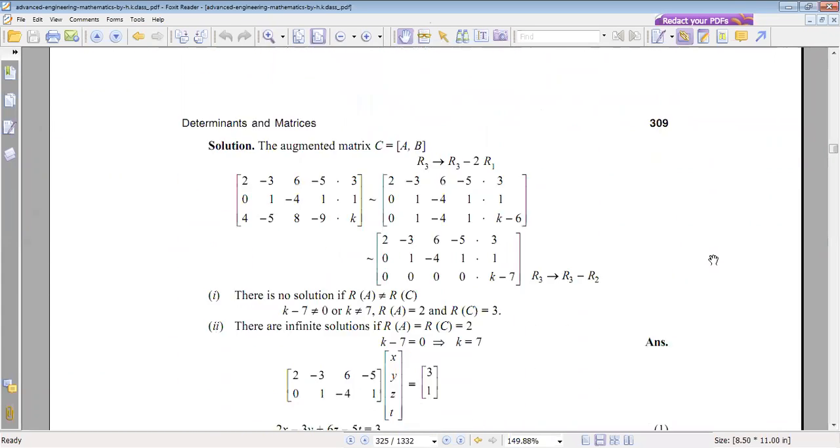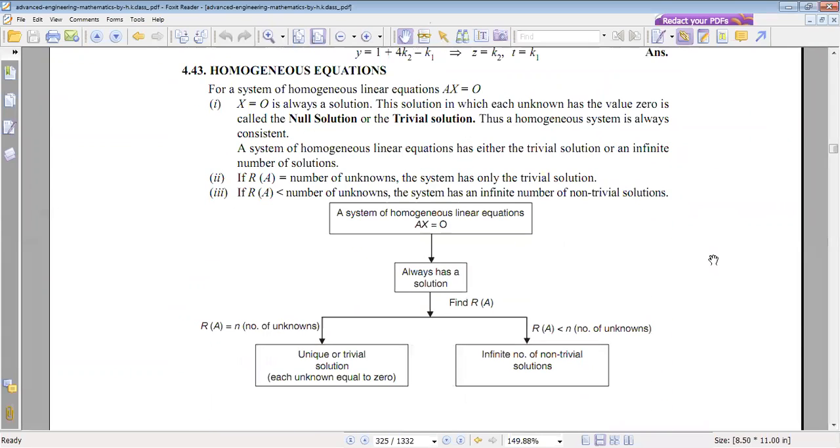Now see here, I will start a different type. Now it is the homogeneous equation. The previous ones we discussed were non-homogeneous equations. Non-homogeneous means a system of equations in the form Ax equal to b.